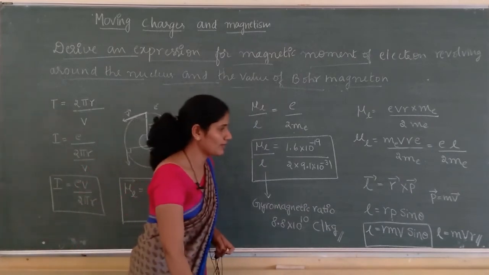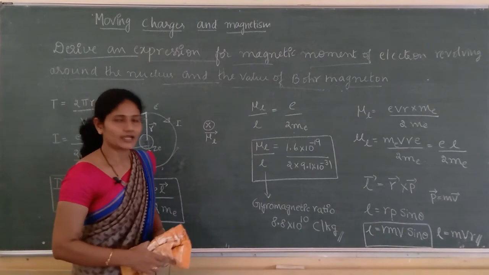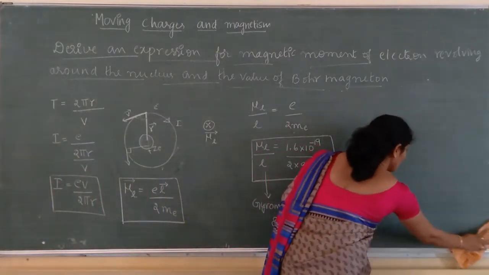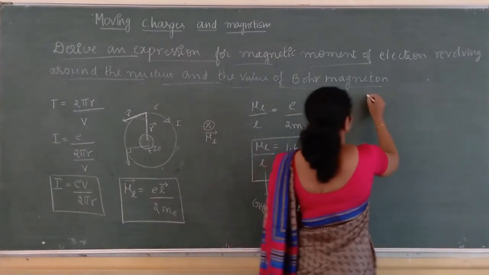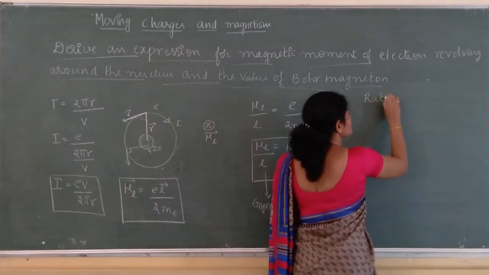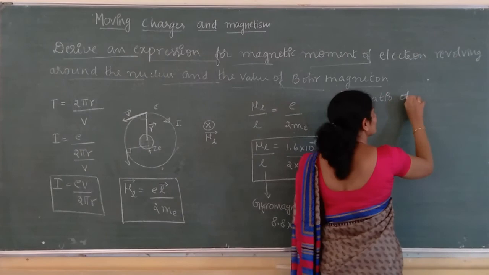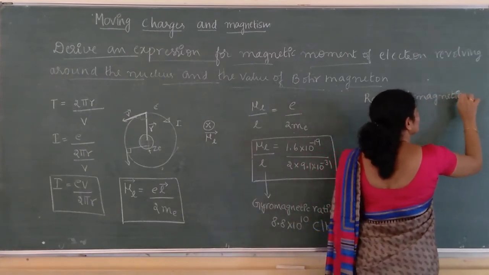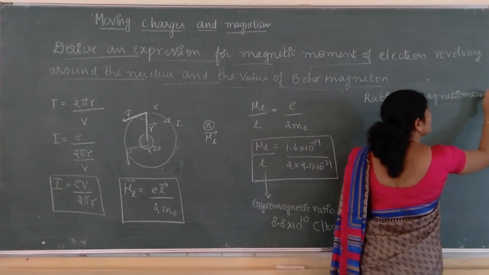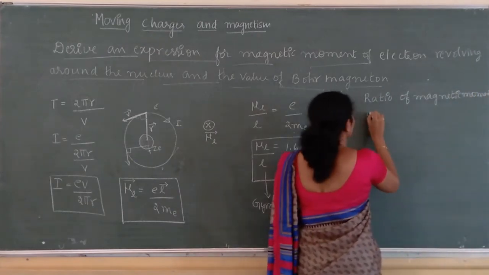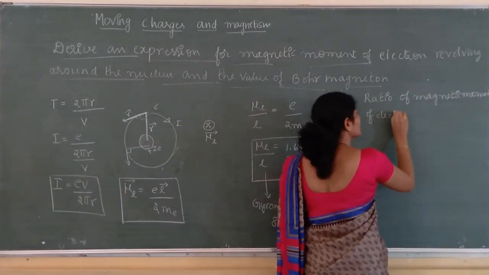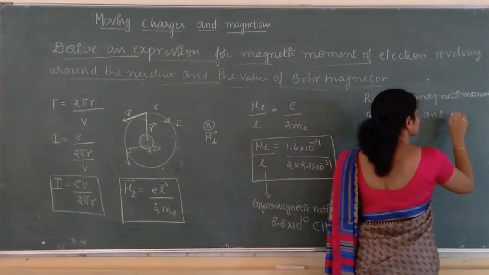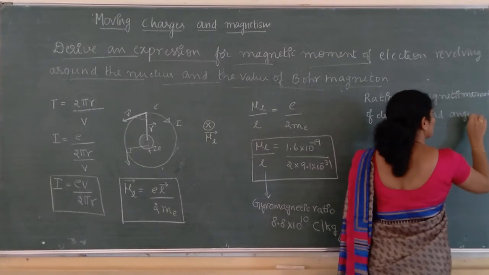What do you mean by gyromagnetic ratio? It is the ratio of magnetic moment of the electron and angular momentum.